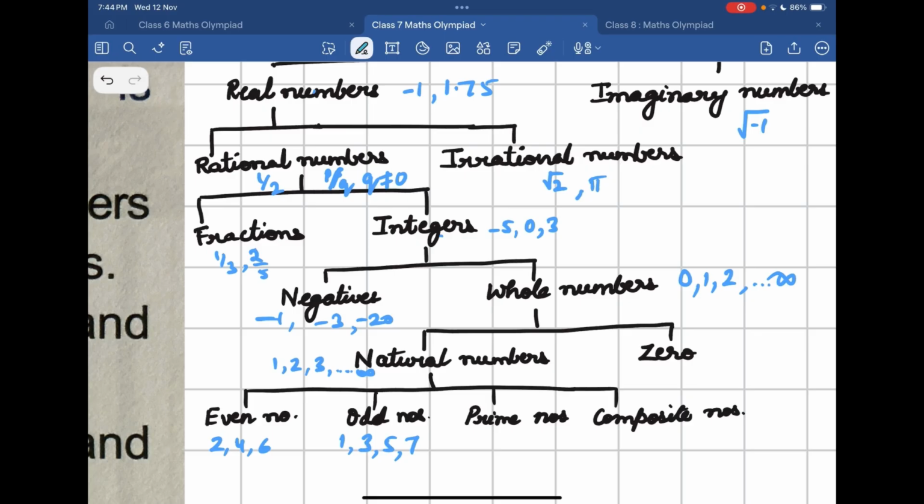Examples are 2, 3, 5, etc. Whereas composite numbers are natural numbers greater than 1 that have more than two factors, like 4, 6, 9, etc. 1 is neither prime nor composite.